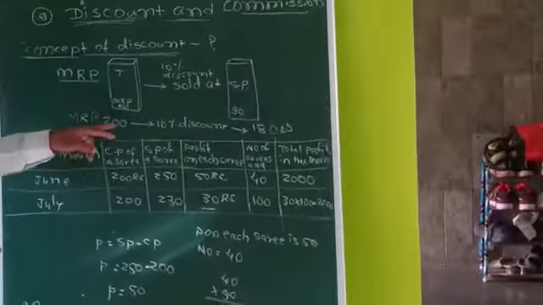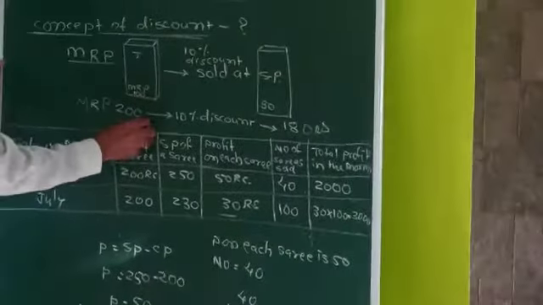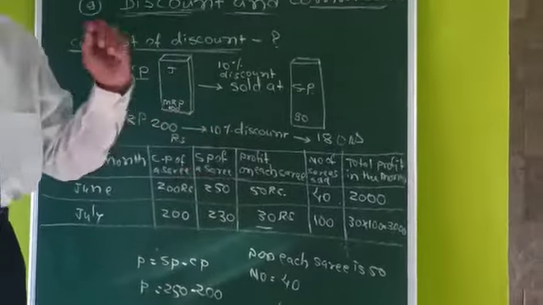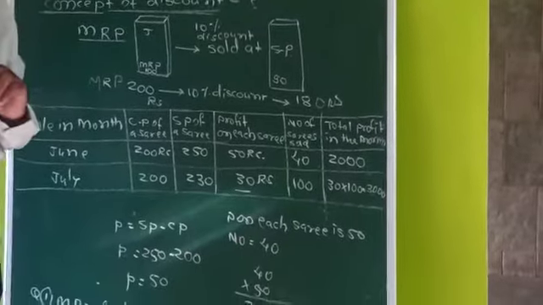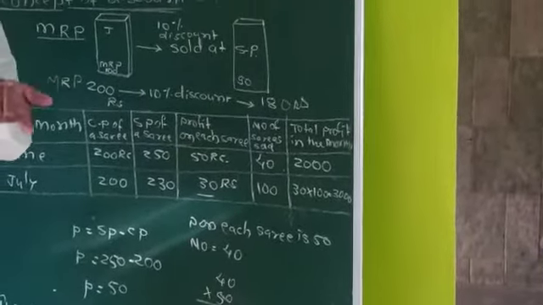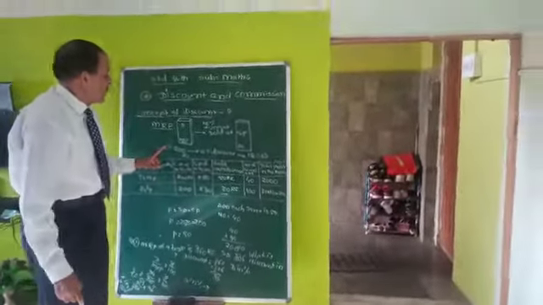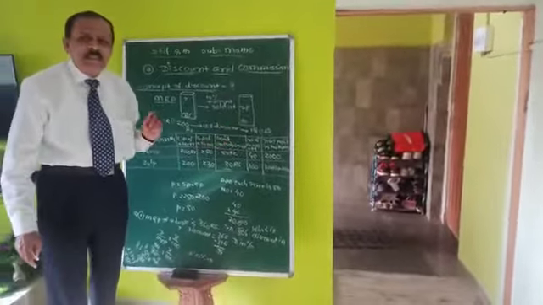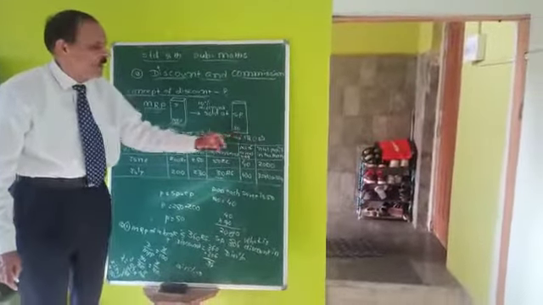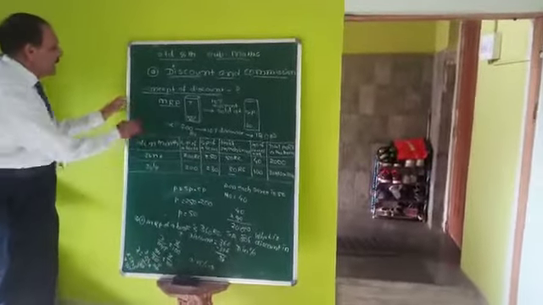If MRP is 200 rupees and discount is 10%, for the first 100, 10 rupees. Next 100, 10 rupees. Mean total discount is 20 rupees. So what will be its selling price? 180 rupees. Okay, so this is very clear for you now.